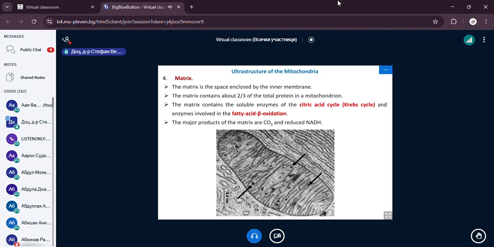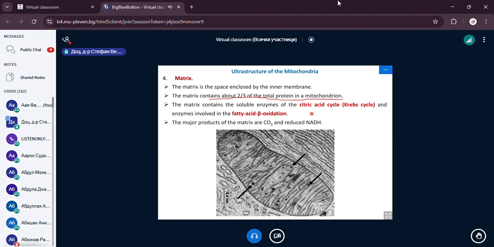Matrix. The matrix is the inner portion of the mitochondria inside of the inner mitochondrial membrane, and cristae are dipped in this matrix. The matrix contains about 2/3 of the total protein in the mitochondrion, so it has a lot of proteins.